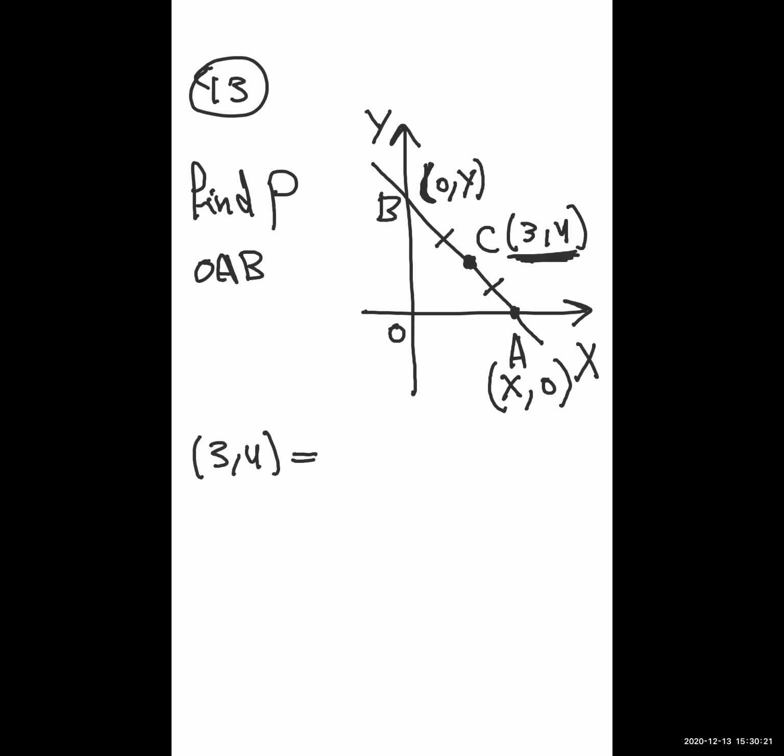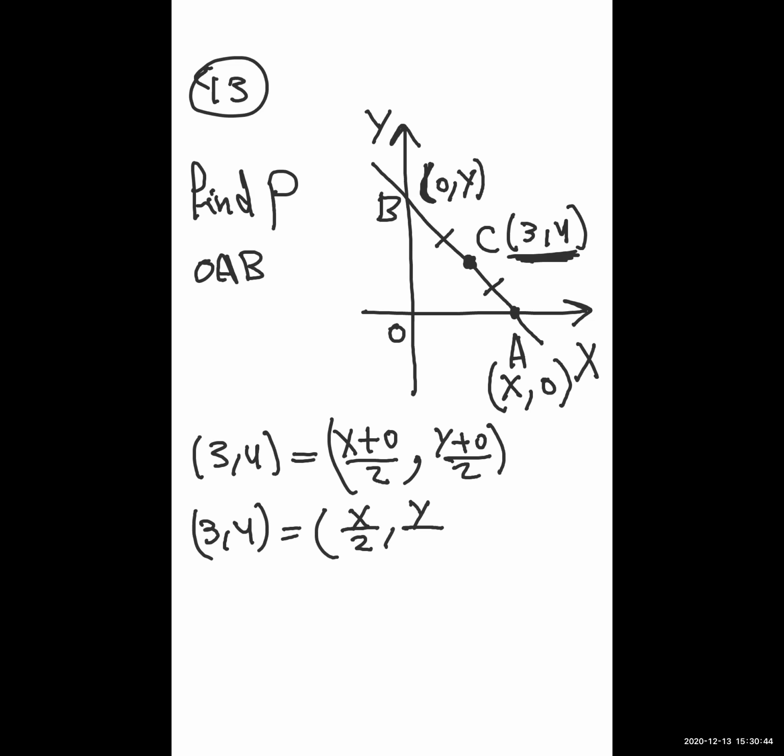So (3, 4) equals (x1 plus x2) over 2, which is (x plus 0) over 2, and (0 plus y) over 2, which is (y plus 0) over 2. So this means (3, 4) equals (x over 2, y over 2). So simply, 3 will equal x over 2, then cross multiplication, so x will equal 6.